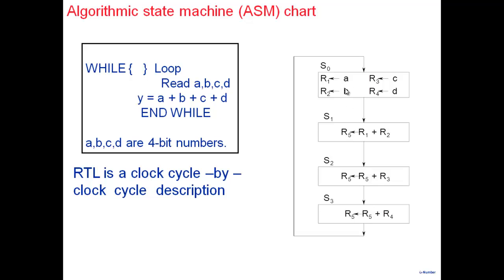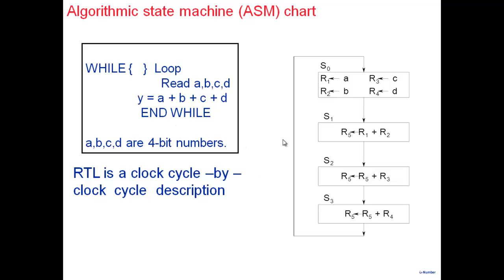So A plus B is put into this. In the next state, the same R5 is taken and I add C to it, and the content is put back here. In the next state, I add R5 plus R4 and put it back here. And at the end, I have the data available.